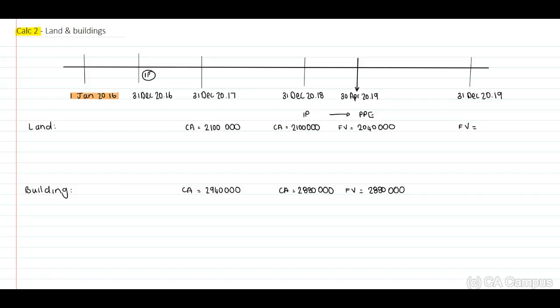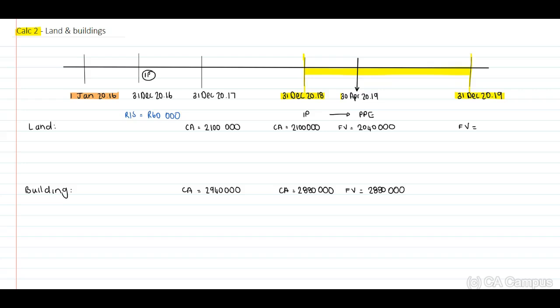They've indicated to me that there is a revaluation surplus of 60,000. Okay, our year end is from 1 January 2018 up until 31 December 2019. Therefore, we need to prepare the details in terms of this yellow section, right?